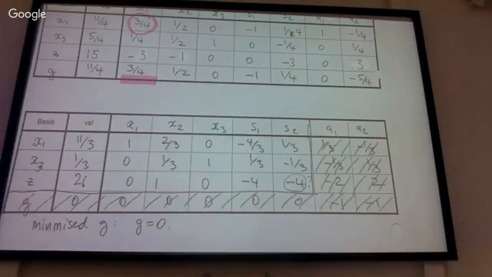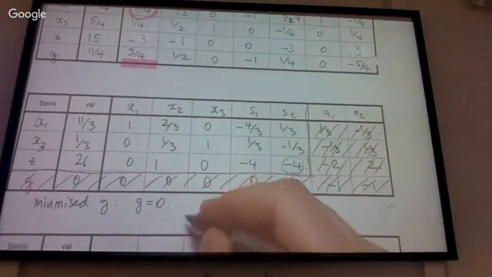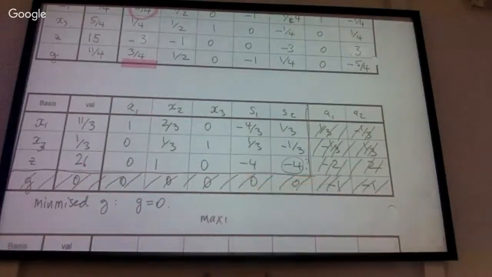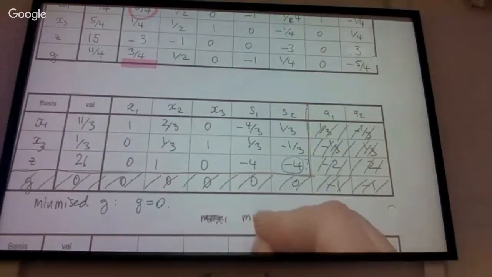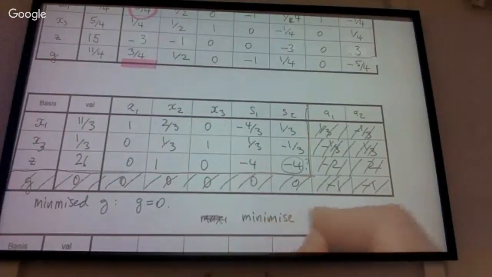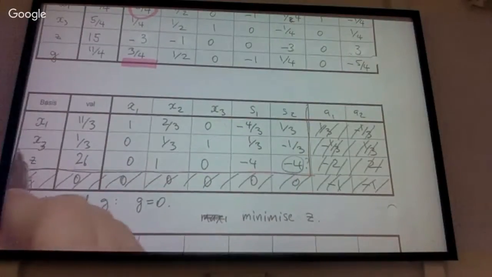And we have a tableau in which we try to minimize Z. So now look, you see the tableau is now smaller.